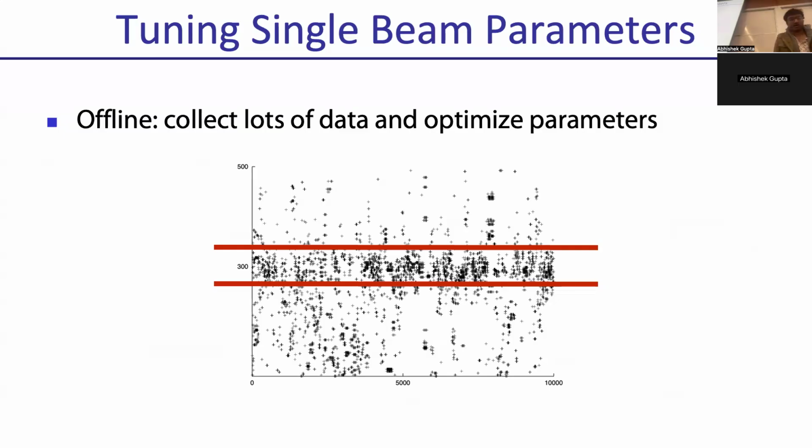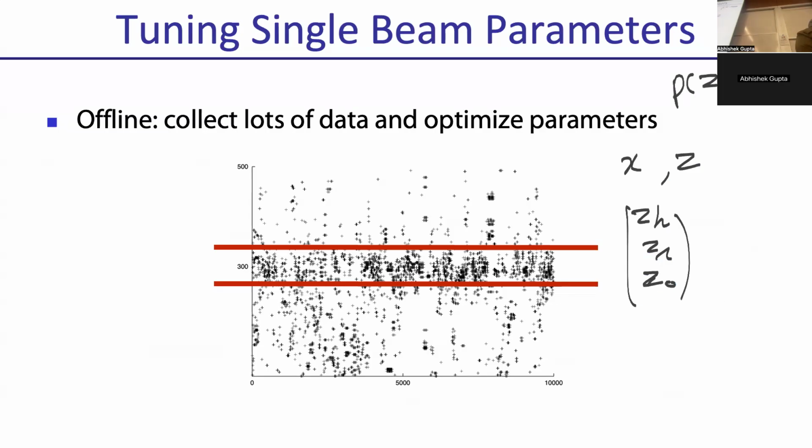So when you want to fit this offline, you're essentially going to have a true x. You're going to collect a bunch of z's, right? And then you're going to try and find those 4 numbers, z hit, z rand, z short, whatever, so that the likelihood of P of z given x with those parameters, let's call these parameters theta, is maximized, right?